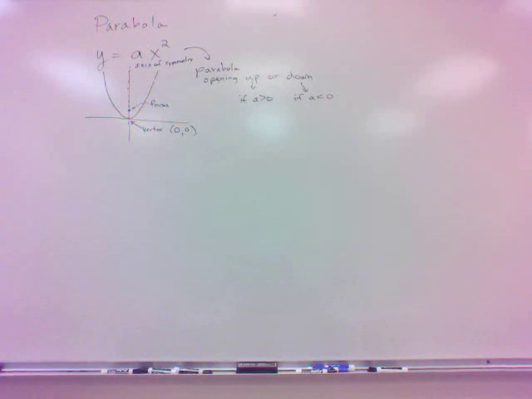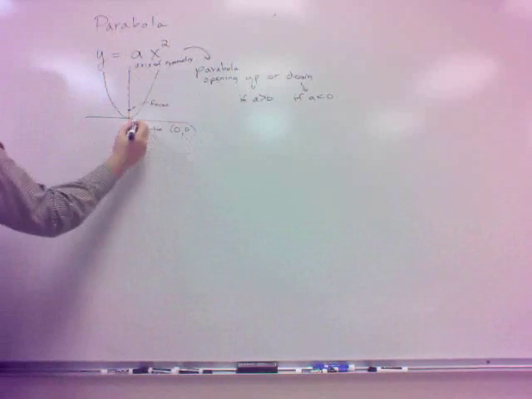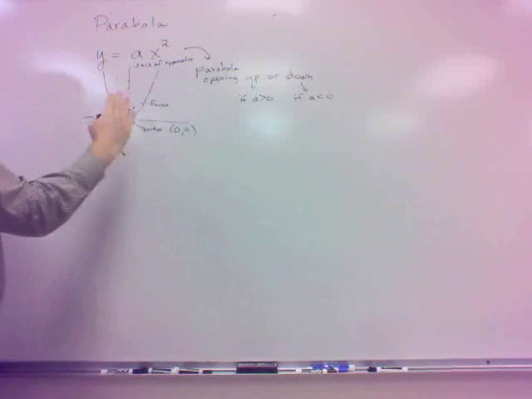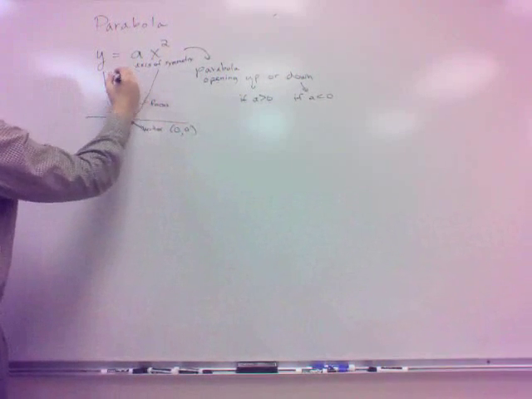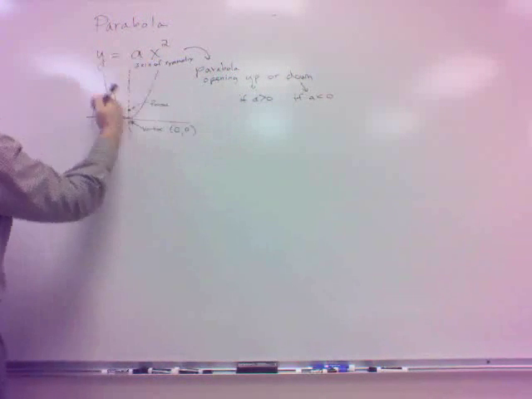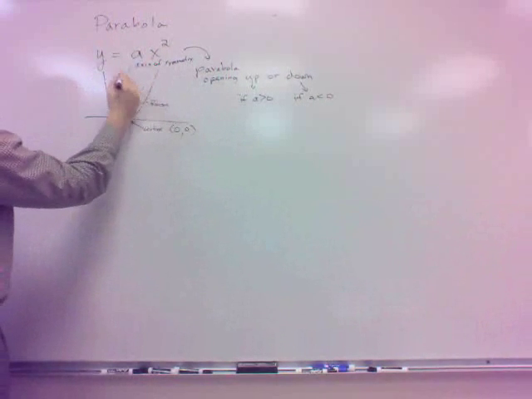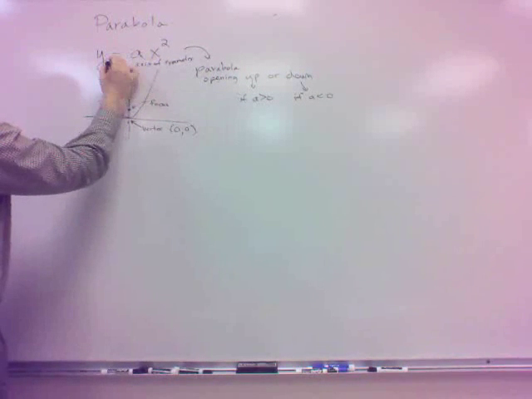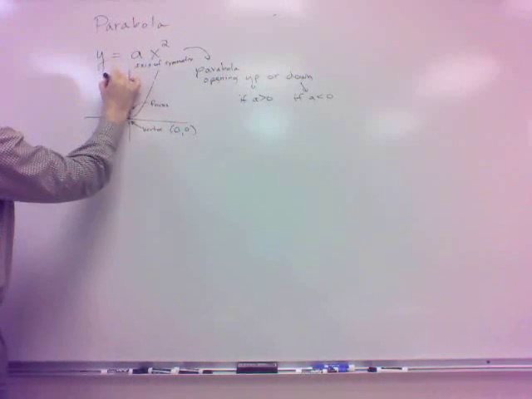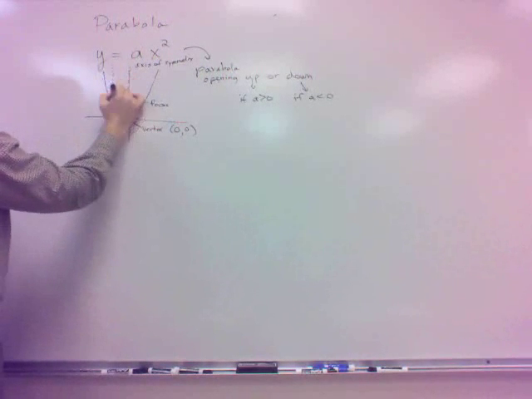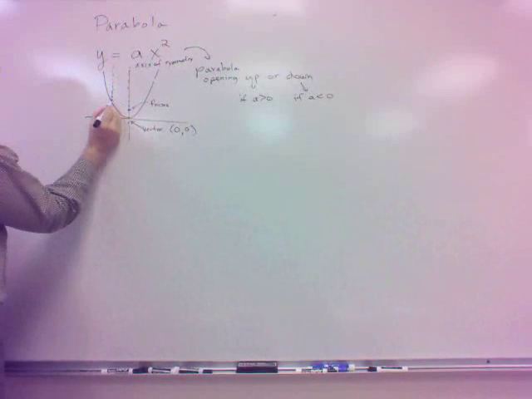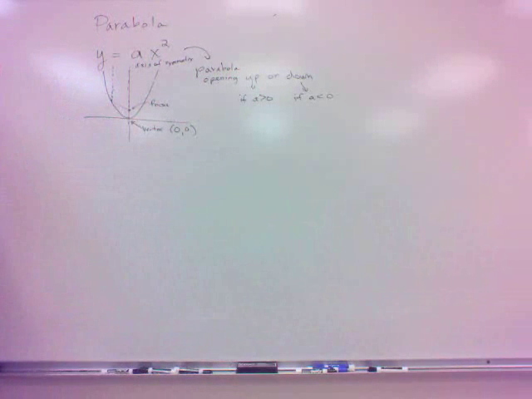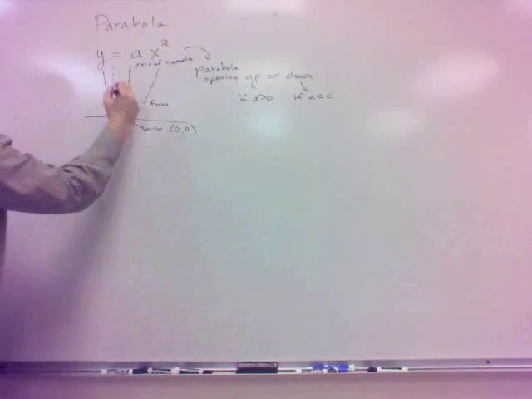What the focus is about, it's a nice little point because what happens is, think of this as kind of a mirror or something that reflects, a reflective surface. If you have rays, light rays, sound waves, if they come in parallel to the axis of symmetry and bounce off the parabola, they're all going to bounce to that particular point called the focus.